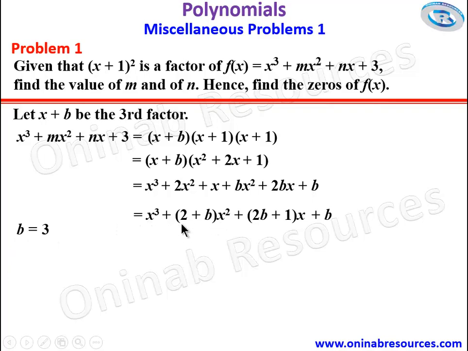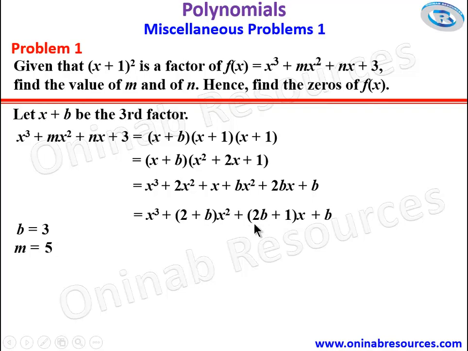Then we compare the coefficient of x cubed, which is 1, and we don't have any business with that. And here the coefficient of x squared is m, and here the coefficient is 2 + b. So we now have m is equal to 5, since 2 + 3 gives 5.